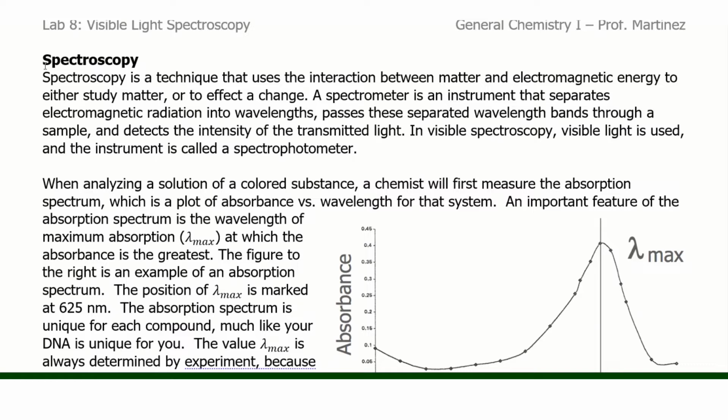Now we get to the technique of spectroscopy. It's a technique where we can study matter and light. The spectrometer can separate light, electromagnetic radiation, which is basically a fancy way of saying light, into different wavelengths, and then it has a detector that can read the intensity of the transmitted light.